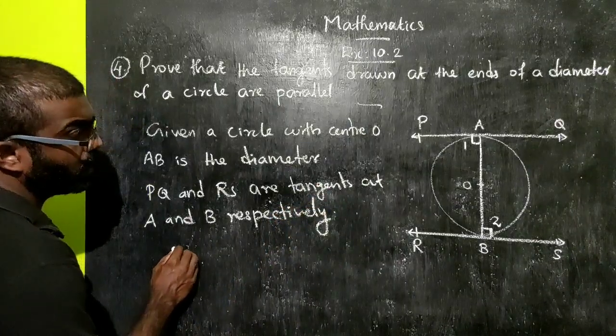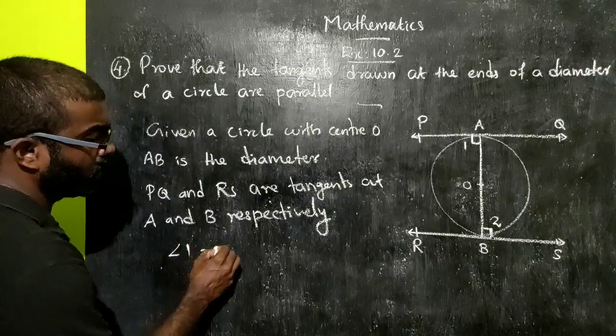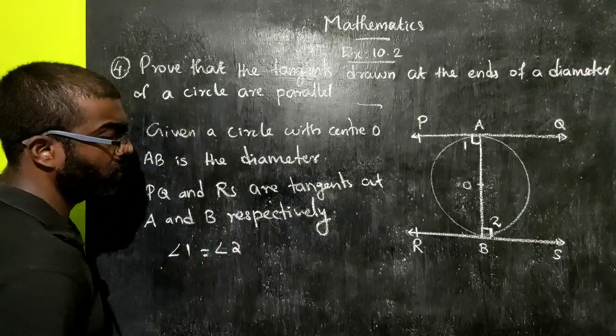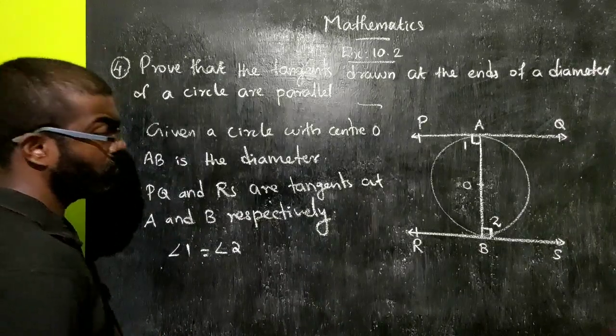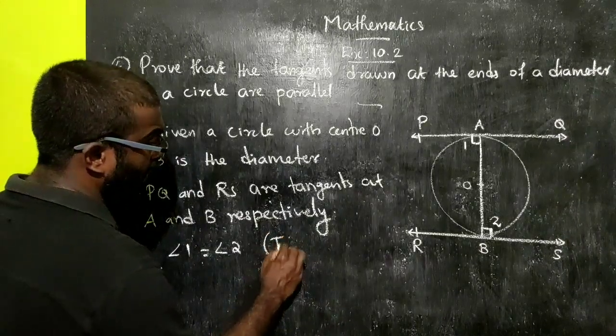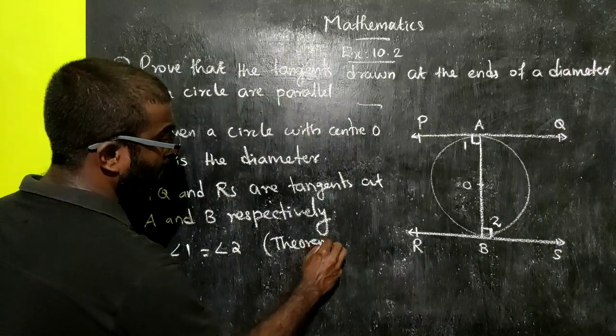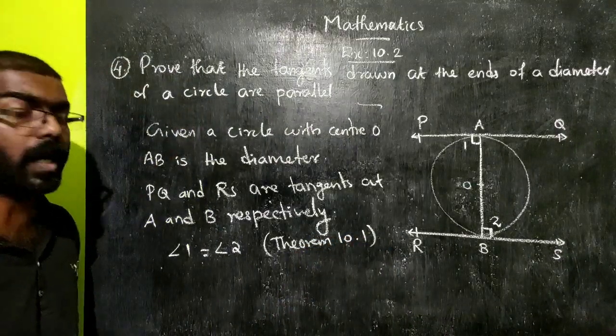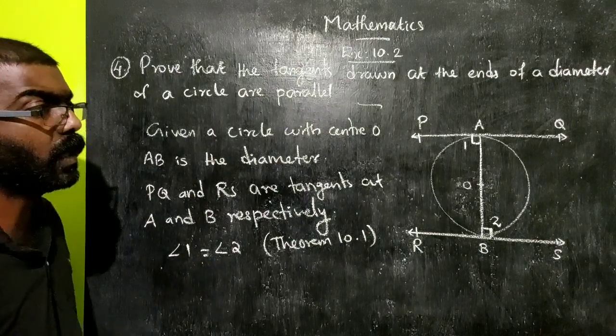Now we can write angle 1 is equal to angle 2 because tangent is perpendicular to the radius through the point of contact. You can write it as theorem 10.1. You have to write the statement here. I just write theorem 10.1. Okay. Angle 1 equal to angle 2.